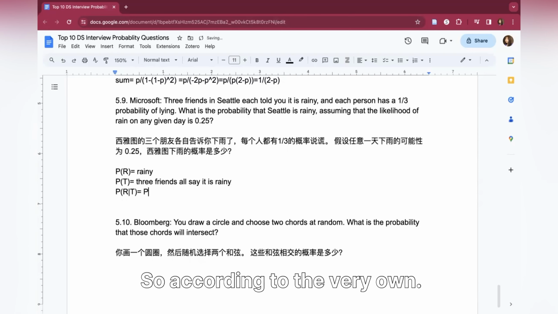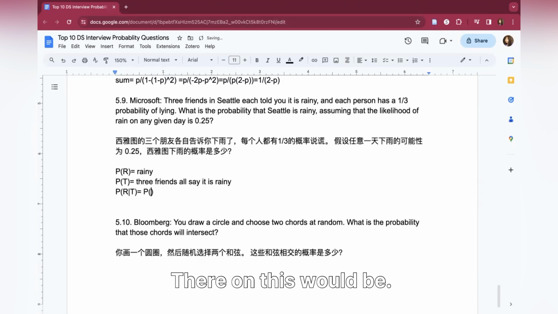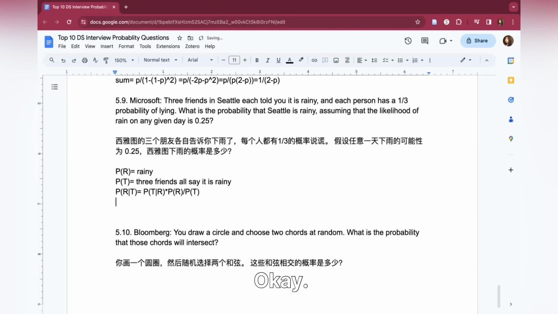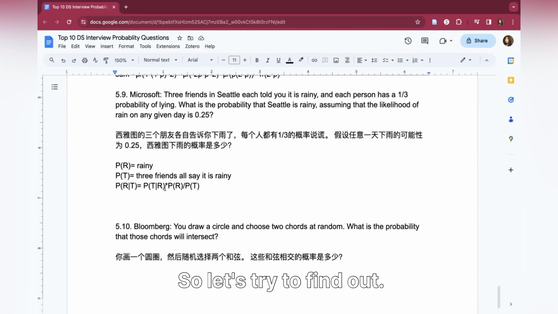According to the Bayesian theorem, let's try to find out P(T given R).